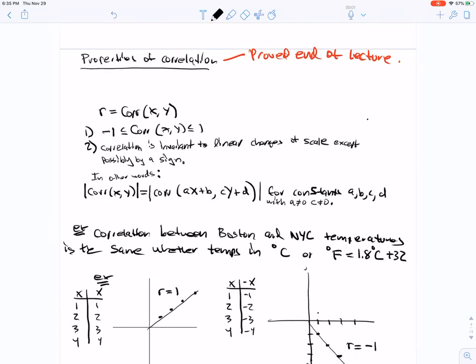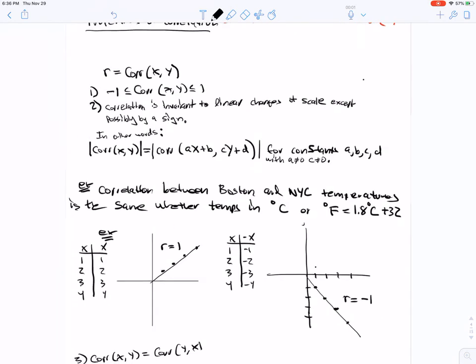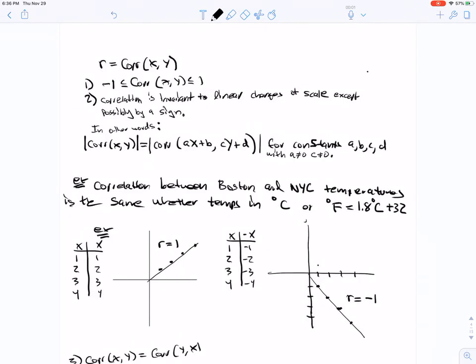So properties of correlation that are proved at the end of the lecture is, first of all, correlation is a pure number between minus 1 and 1. Furthermore, correlation is invariant to a linear change of scale, except possibly by a sign.